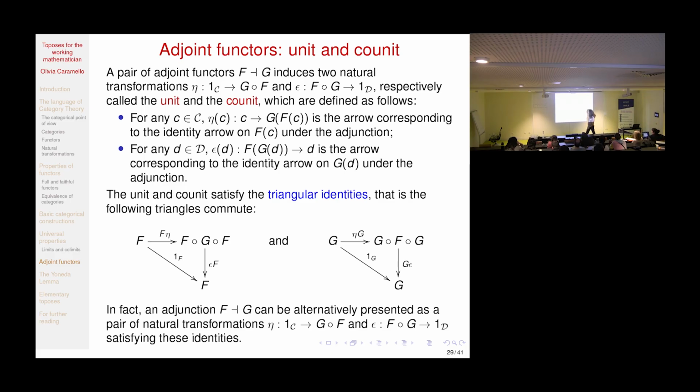Now, just a few words on an alternative presentation of adjunctions. So, given an adjunction, this induces two natural transformations called the unit and the co-unit of the adjunction, which are defined as follows. So, we have seen that the adjunction, let me rewrite it here, gives for any C in the category C and D in the category D, a bijection between these Hom sets.